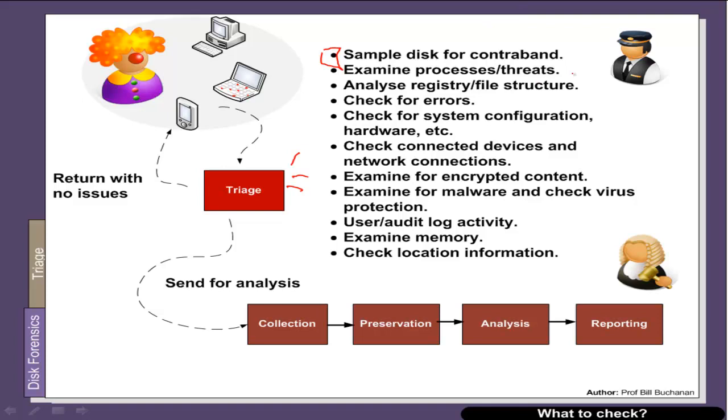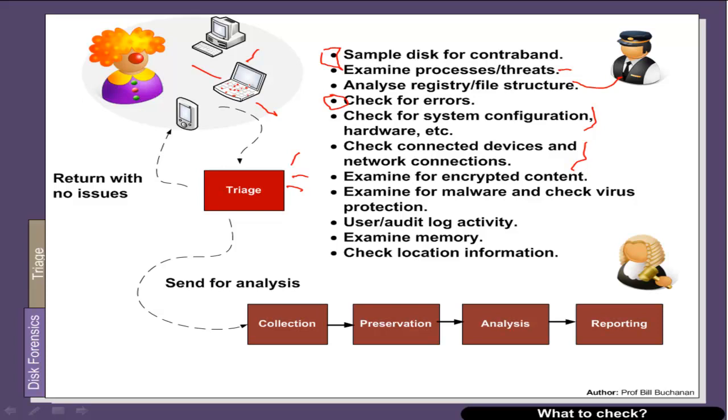We might examine the processes and any threads on the machine, analyze registries and file structures, check for errors on the system, check the system configuration, hardware and how it's set up, especially connected devices and network connections. We probably need to identify if there's any encrypted content present on the disk.